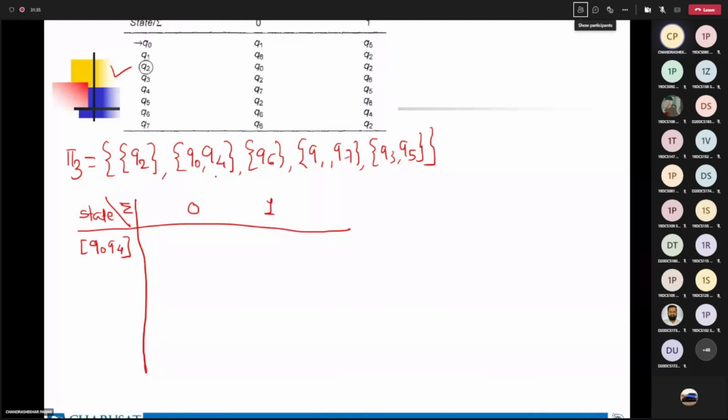Whatever combination is there: Q0, Q4, then Q2, then Q3, Q5, Q1, Q7 is remaining again.